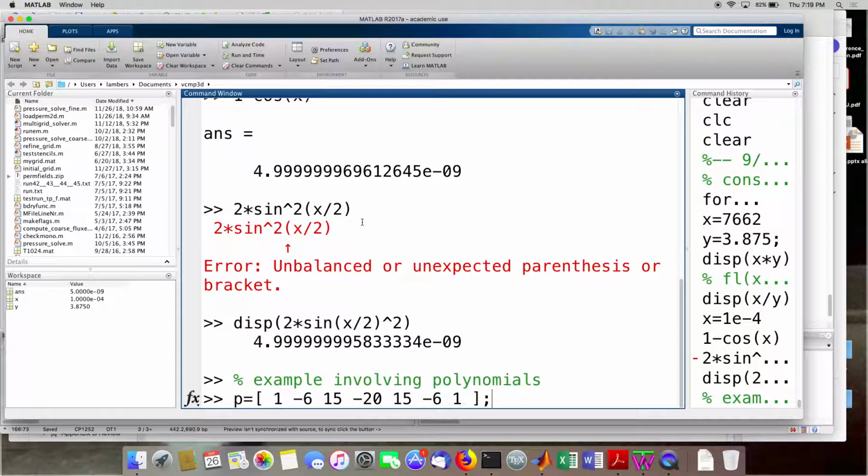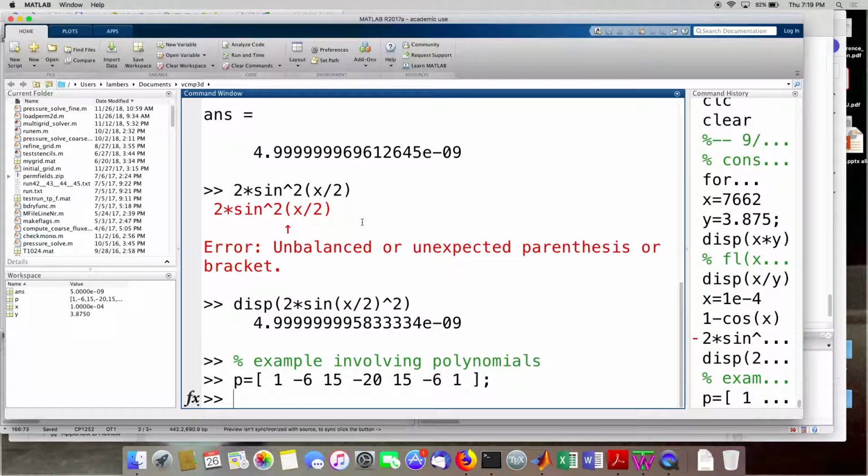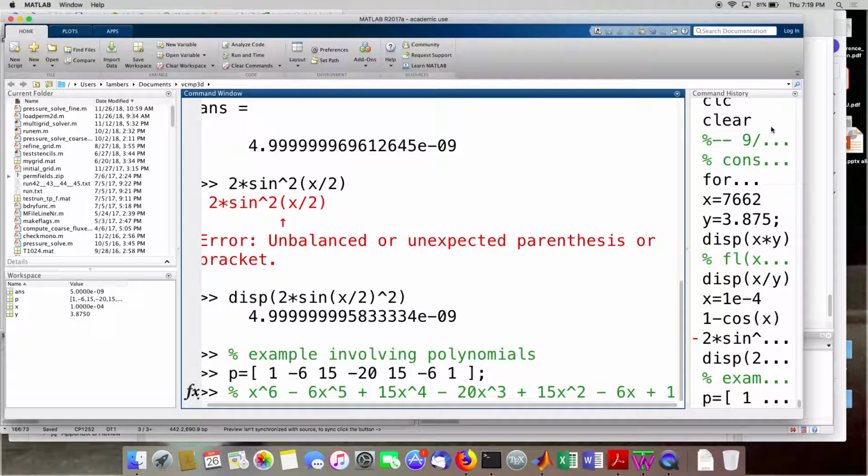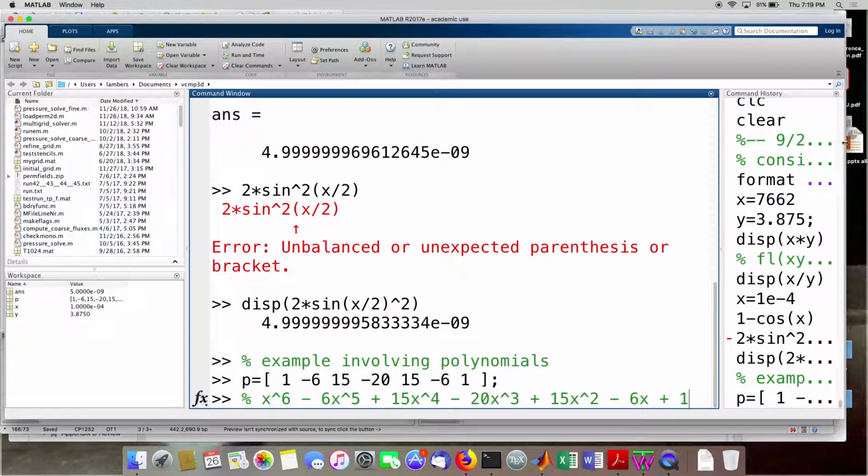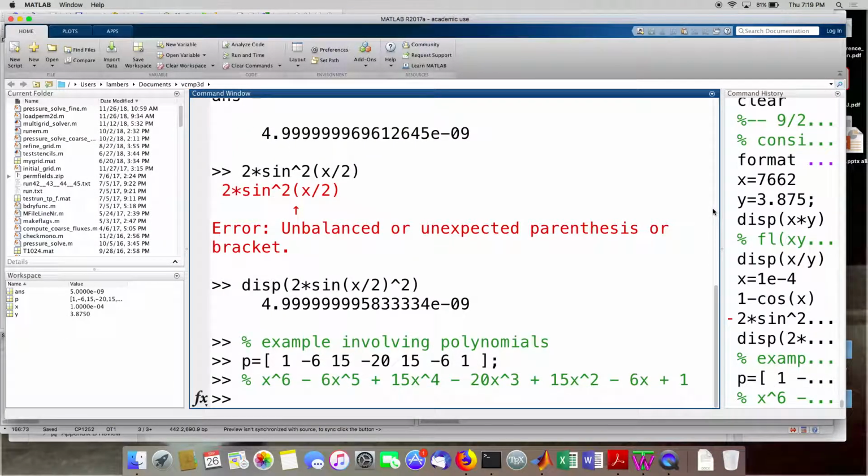So this polynomial is x to the 6 minus 6x to the 5th plus 15x to the 4th minus 20x cubed plus 15x squared minus 6x plus 1. That's a polynomial that is represented by the vector p.